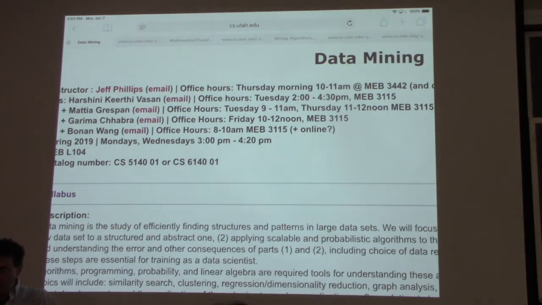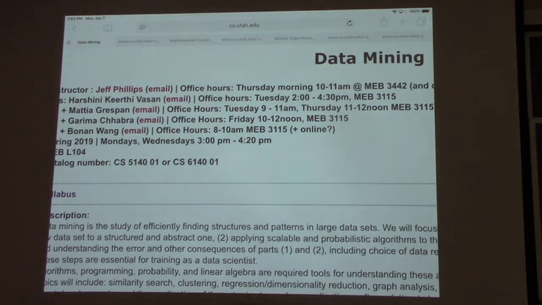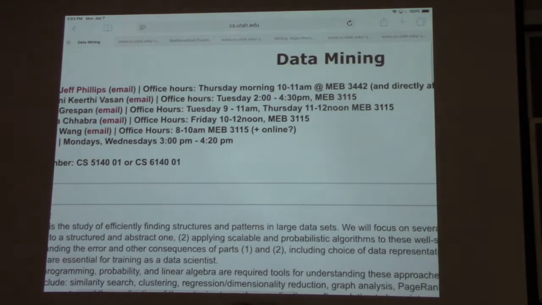The TAs' office hours, I think we're pretty close to our final proposal. You'll notice that there are going to be 4.5 hours of office hours on Tuesdays. That's because the homeworks and all the assignments will basically be due on Wednesdays, before the start of class.